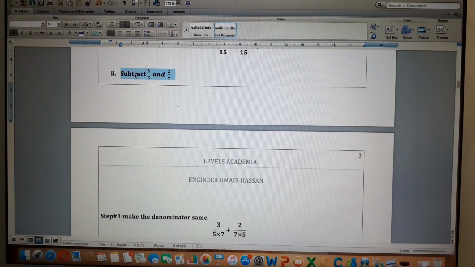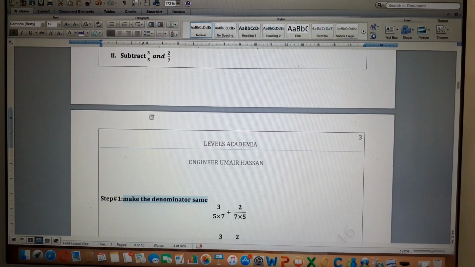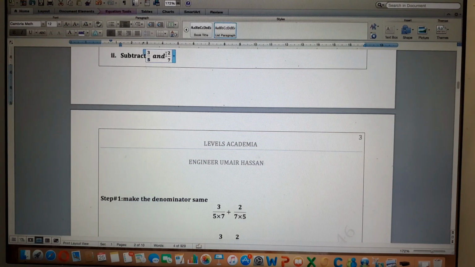I have to subtract these two fractions. Again, we have to go through the same process. I will make the denominators the same. How? I will multiply this 5 with both the numerator and denominator of this fraction, and I will multiply 7 with both the numerator and denominator of the other fraction, like here.